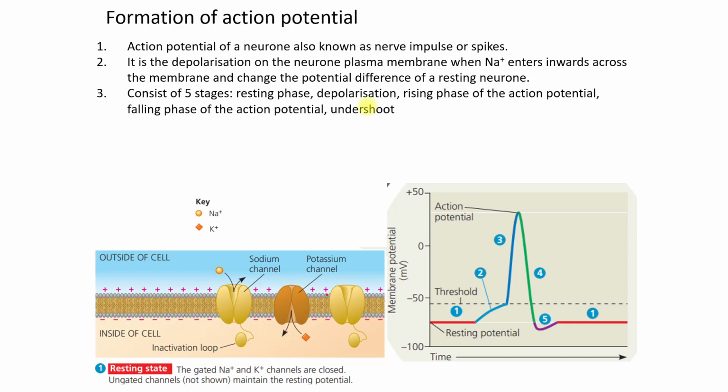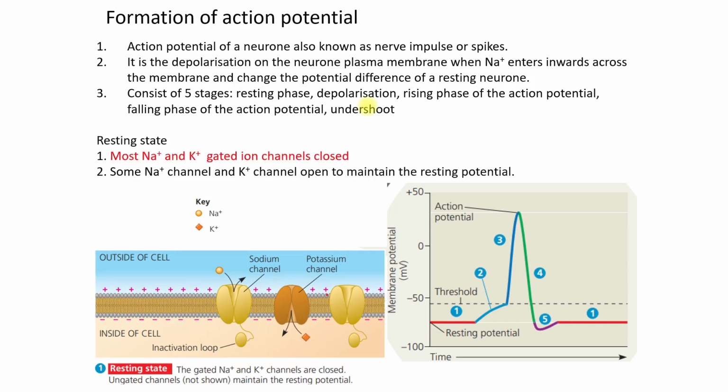So we go to the first one, which is the resting state. Now, in resting state, what happens? Most sodium ion gated ion channels as well as potassium ion gated ion channels are closed. Then some sodium ion channels and some potassium ion channels are open to maintain the resting potential.